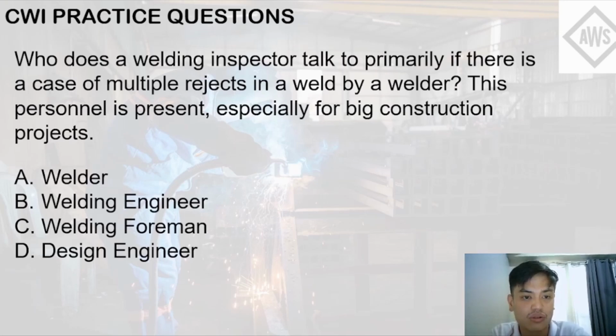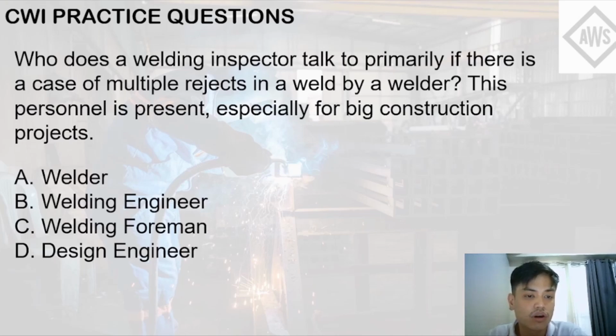So it might not be a good idea to confront him directly if he produced multiple rejected welds. Letter B, the welding engineer, is not responsible for this because he created the welding specification. So he will not be the one the welding inspector needs to talk to in this situation.